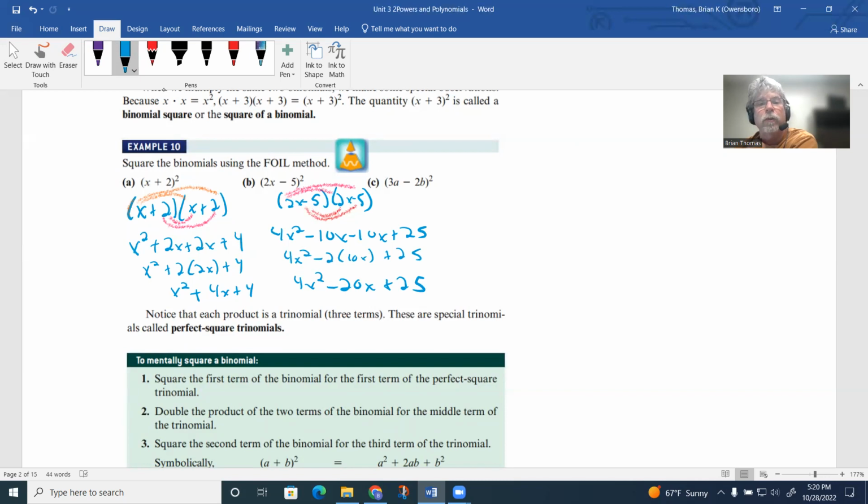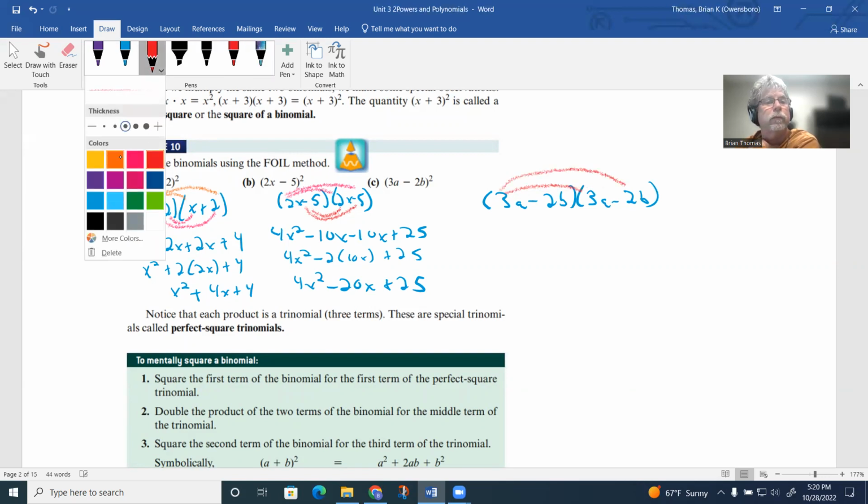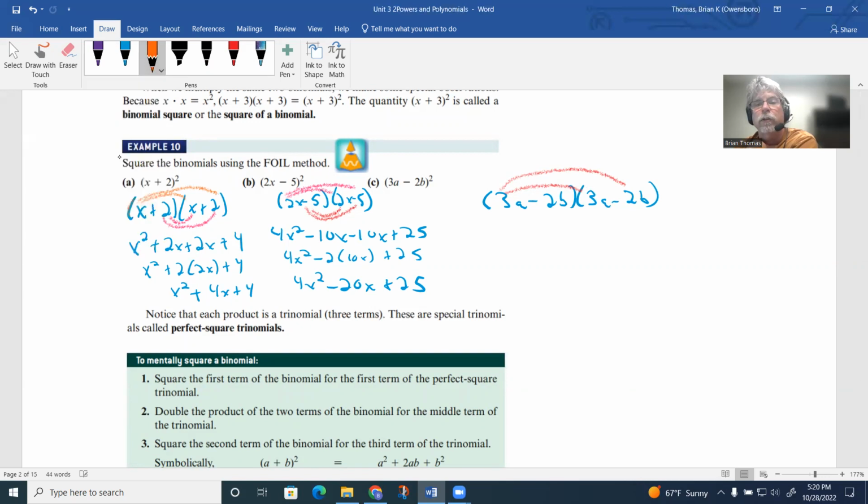So 3a minus 2b squared, that's the same thing as 3a minus 2b times 3a minus 2b. So again, if I want to use FOIL to do this, 3a times 3a, 3a times the -2b, then the inside, -2b times 3a, and then -2b times -2b. That's our four multiplications.